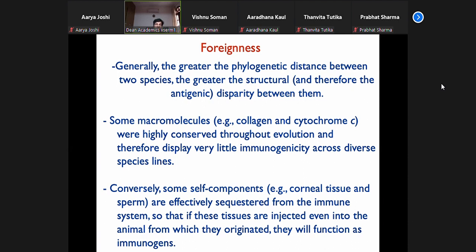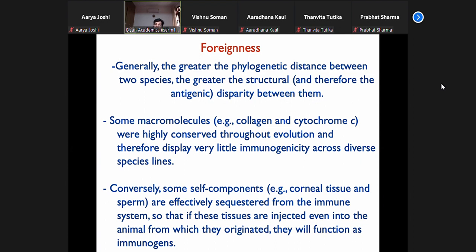For example, if you get a protein from human X and inject it in human Y, chances of it being immunogenic are very, very low. If you get this protein from a horse and inject it in humans, chances of it being immunogenic are higher. If you get it from a fish and inject it in humans, it will be even more immunogenic.